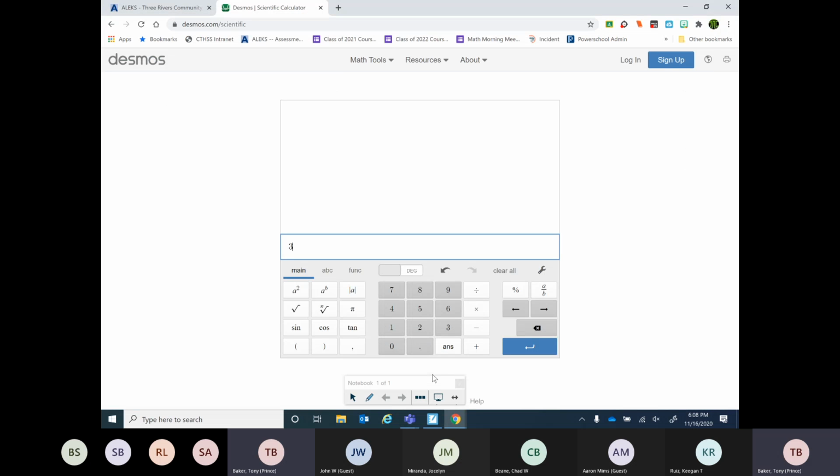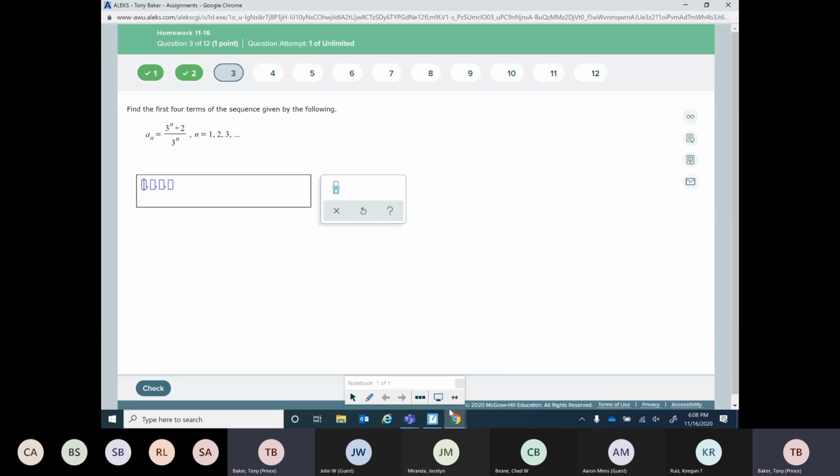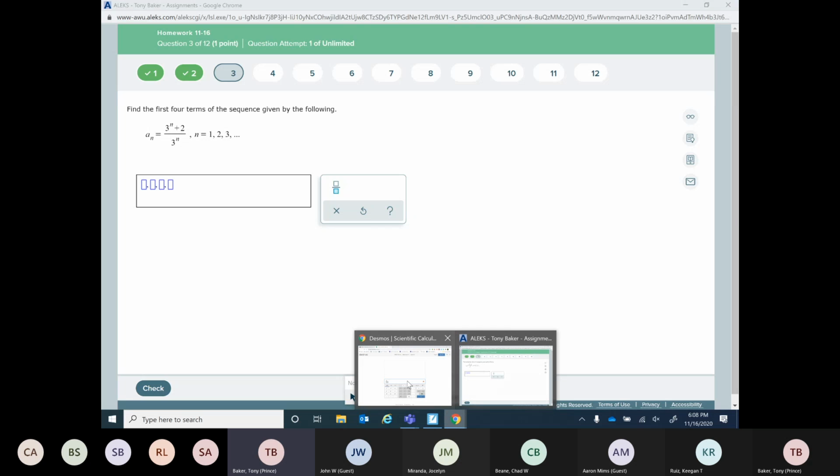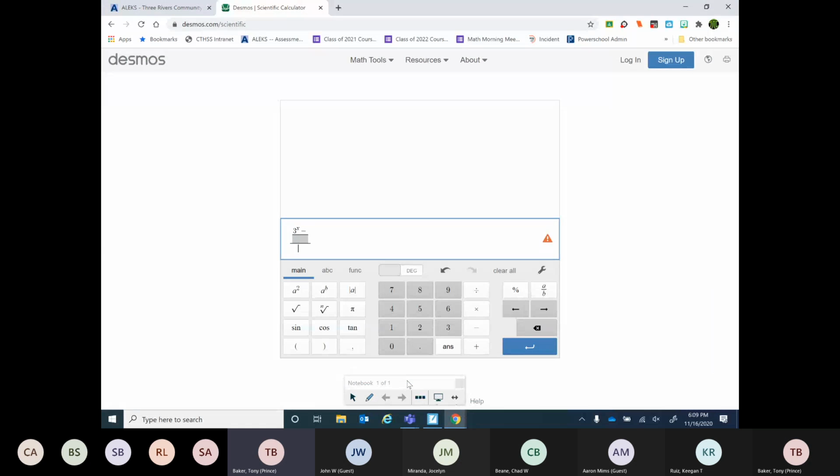So we have 3 to the x, plus 2 over 3 to the x. And then you can just do x equals 1.